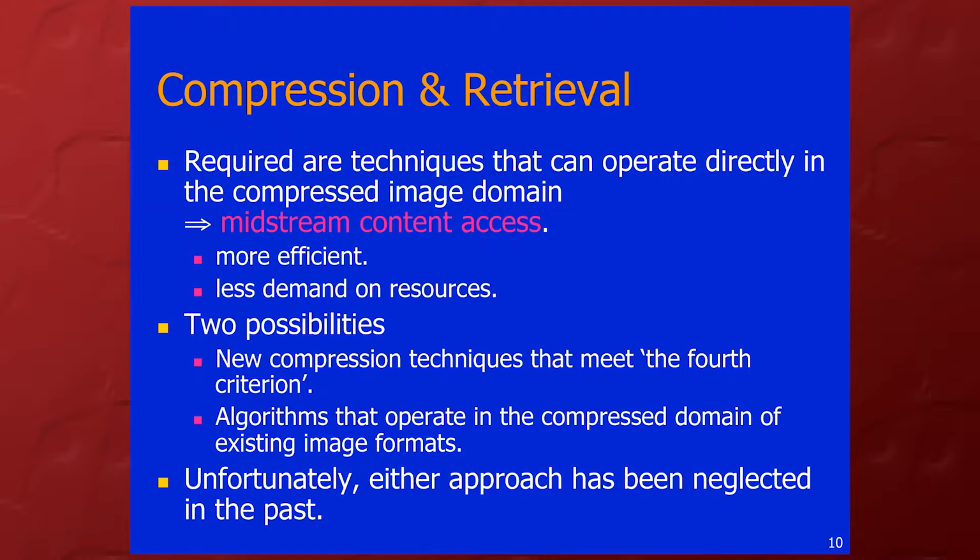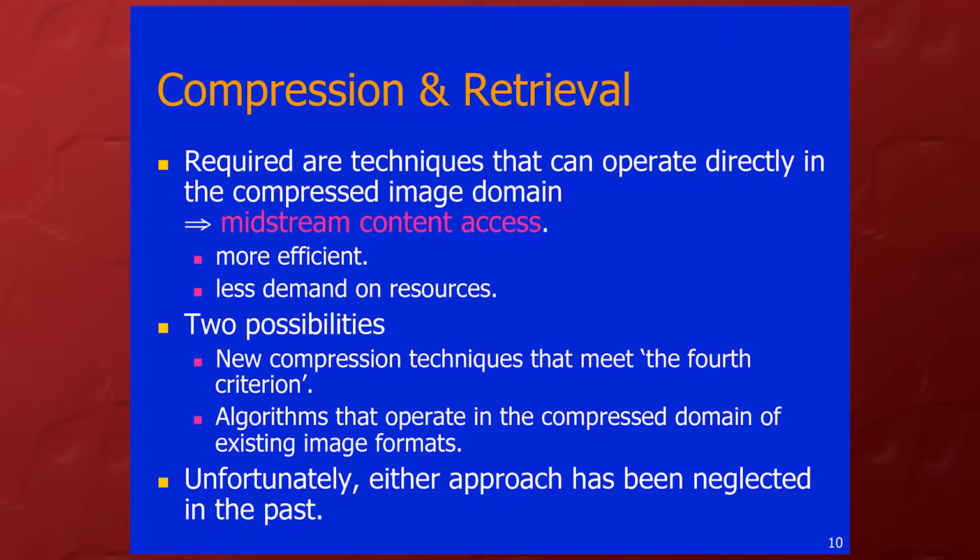And there are basically two potential solutions to that. One is we devise some new image compression techniques that allow for that, and we've done some work in the past on that as well. The other one is, because all these images obviously exist already, mostly in JPEG, we try to do something that actually works in the JPEG compressed domain. And that's what the focus of my talk is going to be.